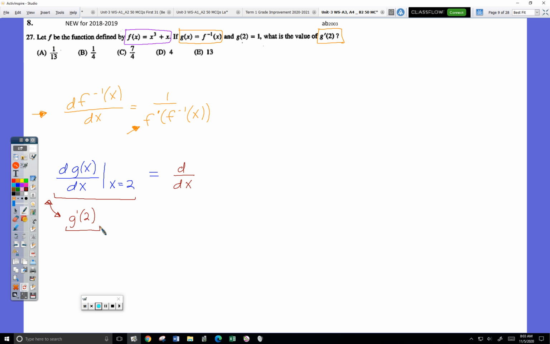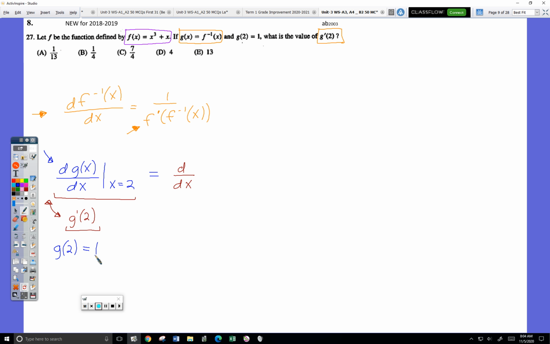So Daniel's suggestion was, let's take advantage of the fact that it says up there that g of 2 equals 1.